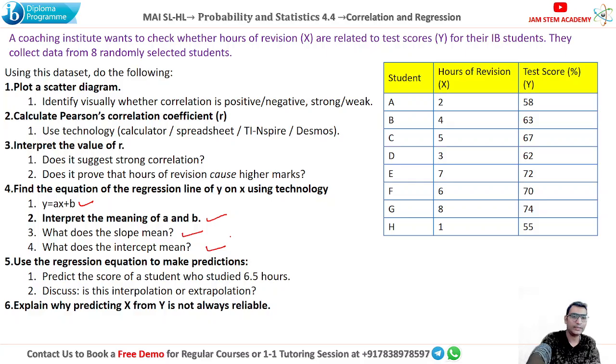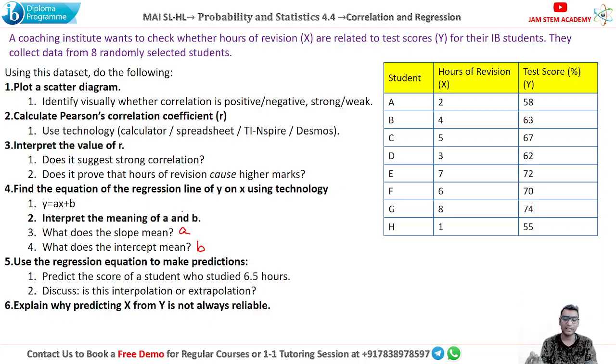So here in y equal to ax plus b, a represents the slope, and the y-intercept is b. The slope tells you how, if I increase or decrease by 1 hour, that is going to affect the test score.